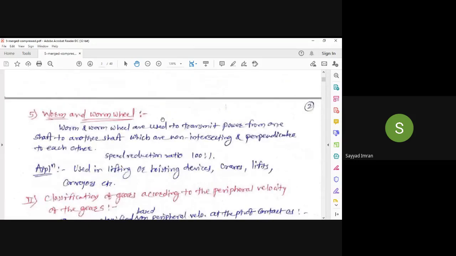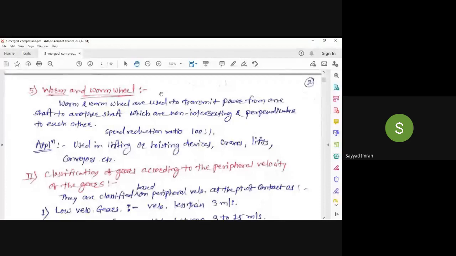Then next one is worm and worm wheel. Worm and worm wheel are used to transmit power from one shaft to another, which are non-intersecting and perpendicular to each other. The specialty of worm and worm wheel is its speed reduction ratio of 100 to 1.